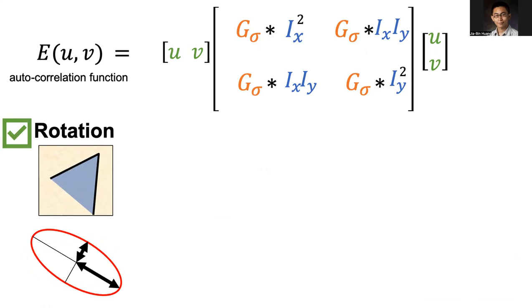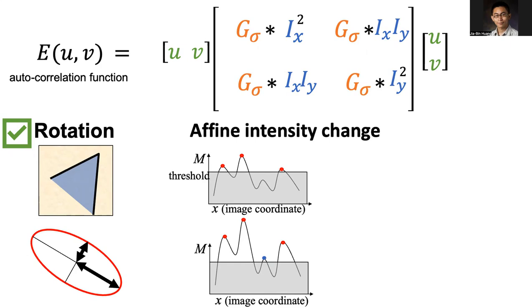That is great. How about another type of image change? What if you originally have an image and then make it brighter or darker? Would this change my corner detection? No. The ratio should be the same. It's partially right. My corner detection is based on the x gradient and y gradient.